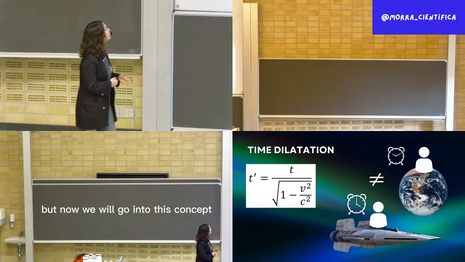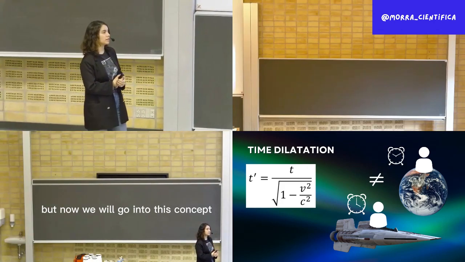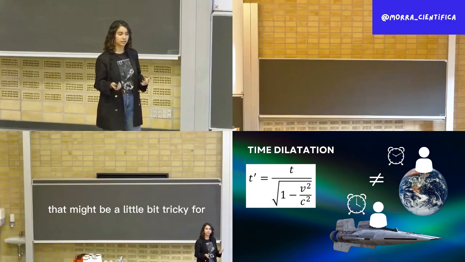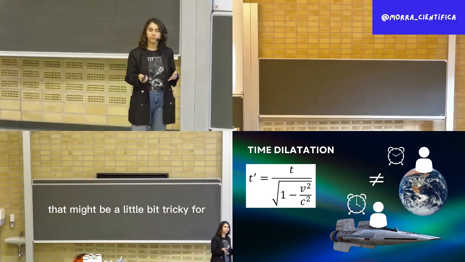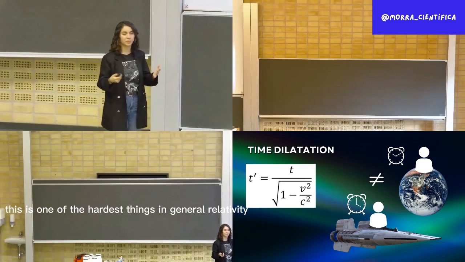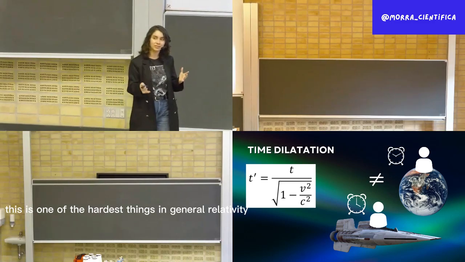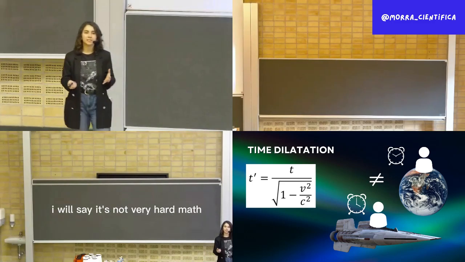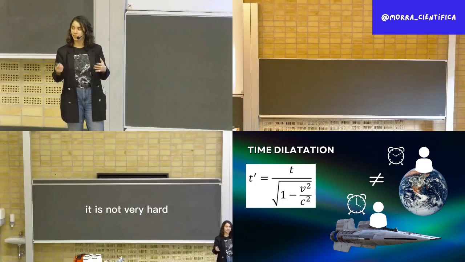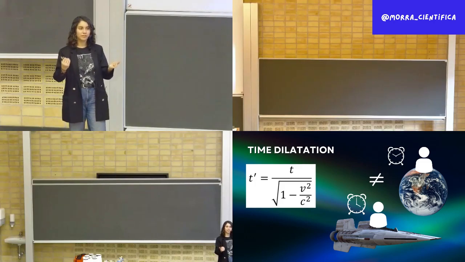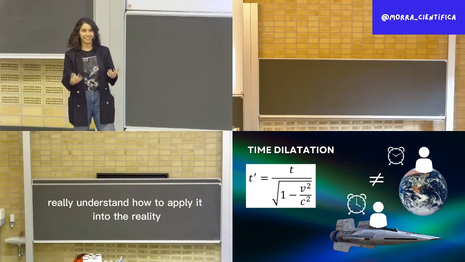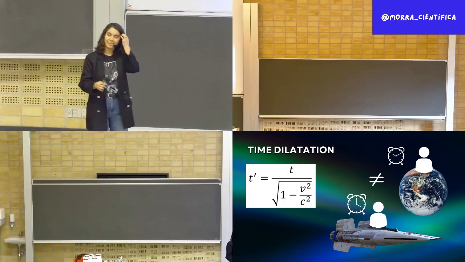But now we will go into the concept of time dilation, which might be a little bit tricky. This is one of the hardest things in relativity, I would say. The math is not very hard, but it's kind of weird to really understand how to apply it to reality.